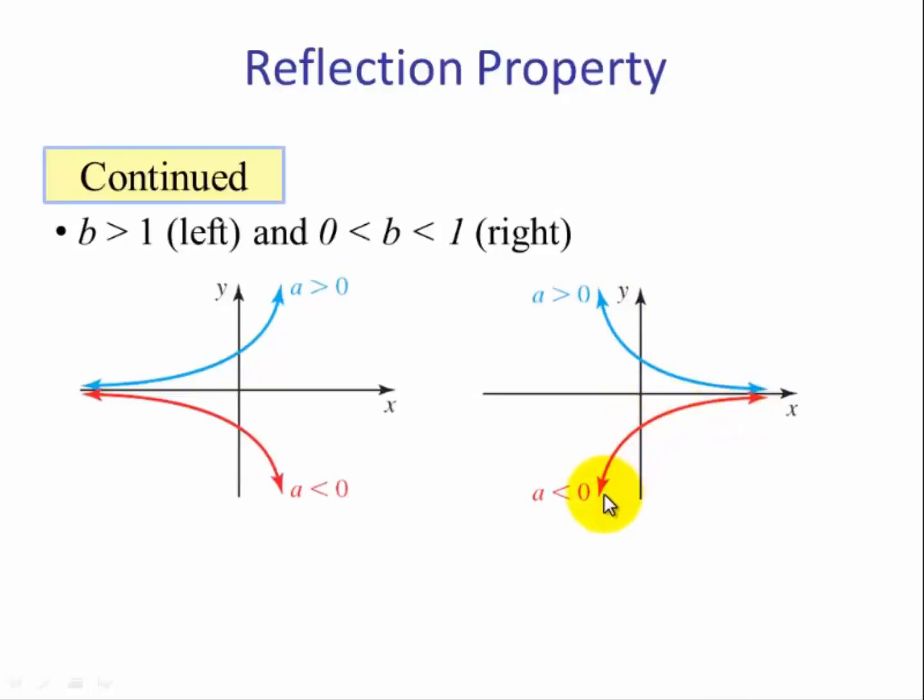And here is the graph of when a is negative. So we have an increasing function, or it could be a decreasing function. So it depends upon the value of b and also the value of a. Here we have a decreasing function, but if a is negative, it's flipped down and we have an increasing function.